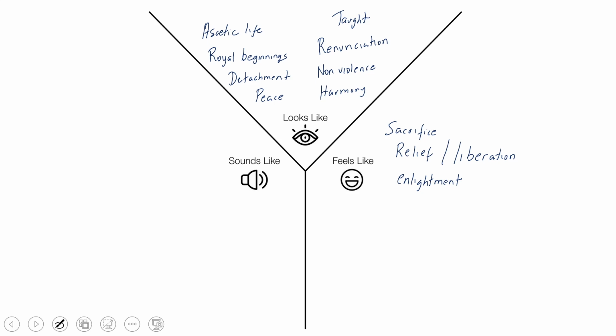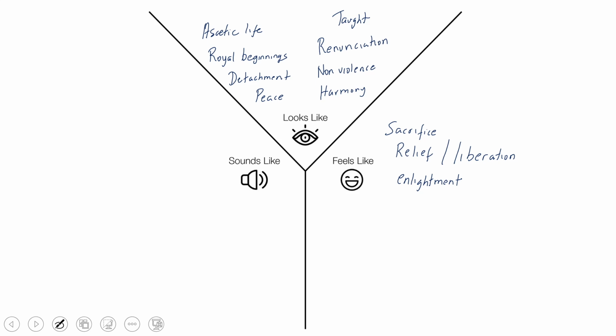So obviously, as we have said, it looks like renunciation. What does it feel like? Okay, it feels like liberation, a kind of giving up or a sacrifice, as you have said. Next, when you look at harmony, peace, what does it feel like? Keep this in mind, okay?